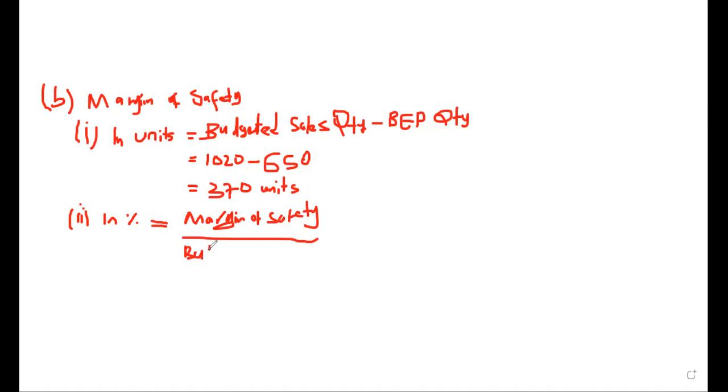So this is quantity or volume. In here, it's quantity. Then, since we want to express margin of safety in percentage, we need to multiply whatever we calculate by 100%.